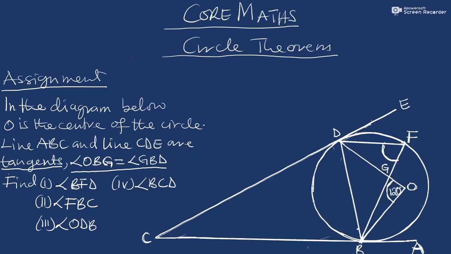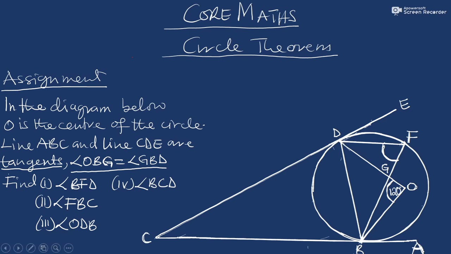So chord BD formed angle BFD at the circumference, and the same chord BD is forming the angle 120 degrees at the center. So what relationship is there between this and this? We learned that twice this will give us this. So in our case, half of this will give us this. So when we divide angle DOB by 2, we'll get angle BFD. Okay? I hope you get it.